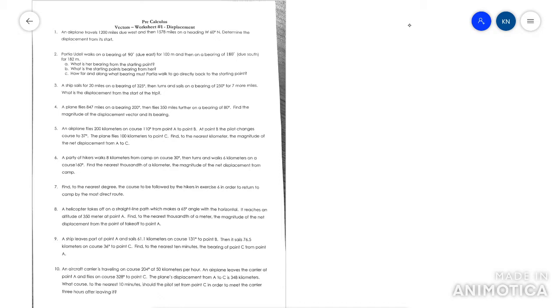The first thing you need to know is they're going to be giving you a lot of on course or bearing or whatever. You need to realize that it's north referenced. So if you think about a compass, it goes north, east, south, west. If you had a bearing of, for instance, 30 degrees, that would be your direction.